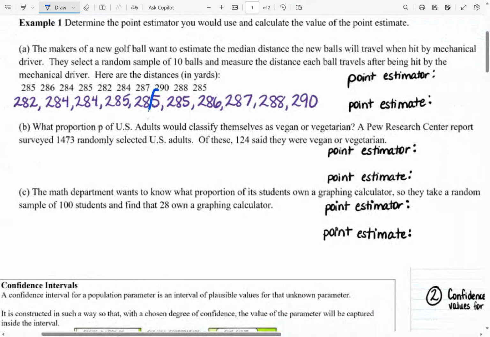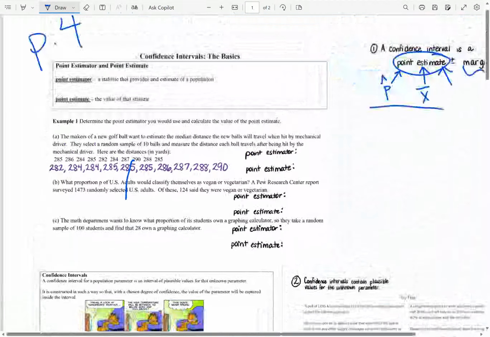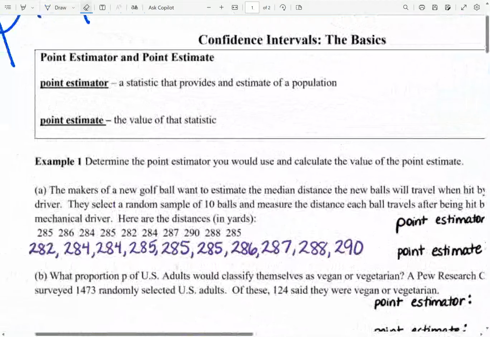Now, what's the difference in the two? The point estimator is the statistic. So are you going to use p-hat? Are you going to use x-bar? It's whatever statistic you're using.